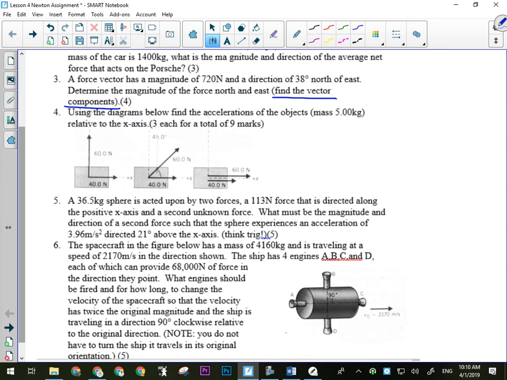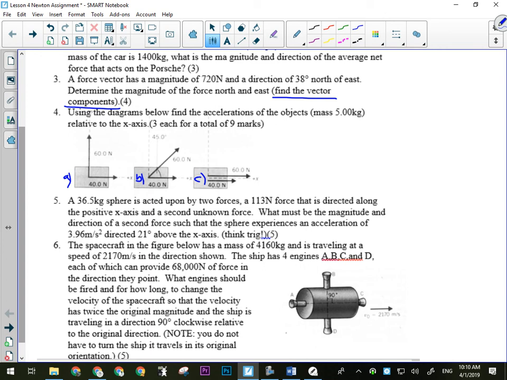Question number 4 gives people trouble all the time, and I still don't get why. On number 4, there are 3 parts. This is part A, this is part B, and this is part C. You are being asked to calculate the acceleration of that box. It's the same box in all 3 parts.